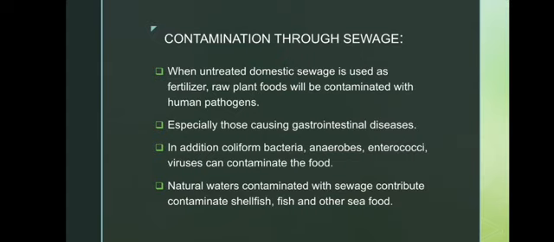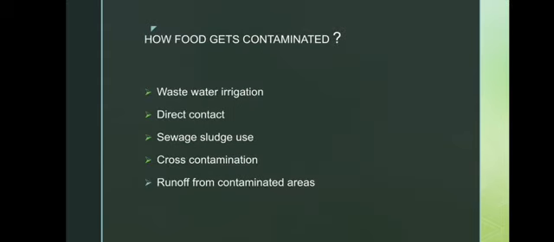The contamination through sewage is mainly caused by gastrointestinal disease causing pathogens. In addition, we have coliform bacteria, anaerobes, enterococci, and viruses which can contaminate the food through sewage. Natural waters also get contaminated with sewage, which can contribute to fish product contamination, like shellfish, fish and other seafood.